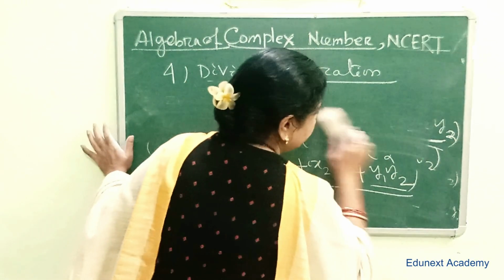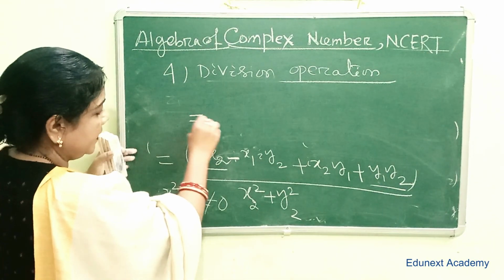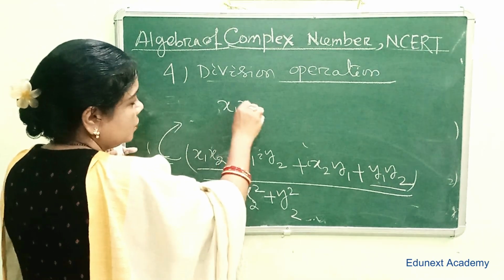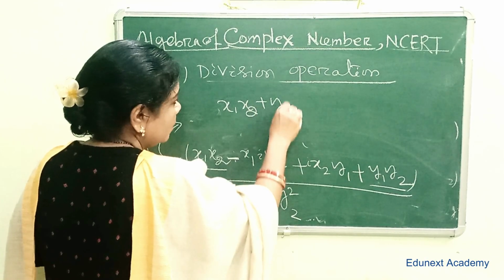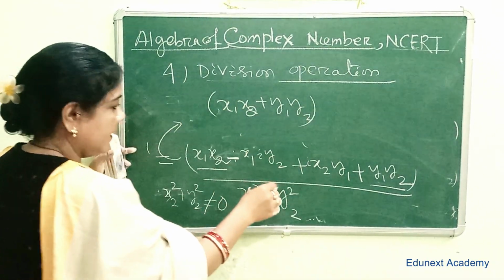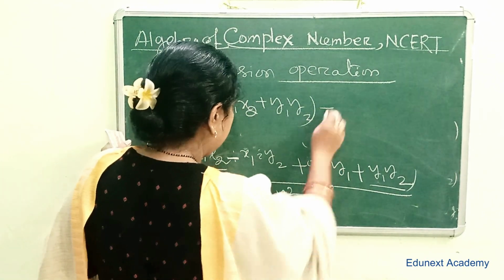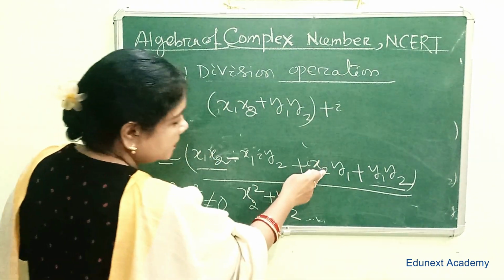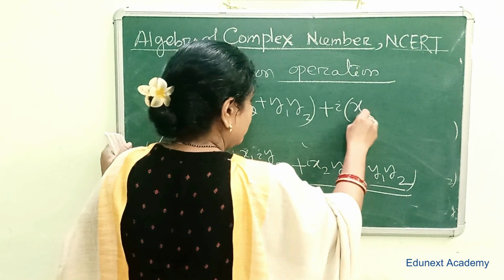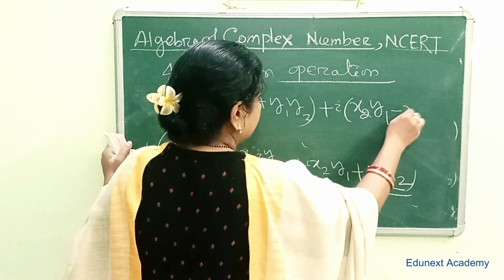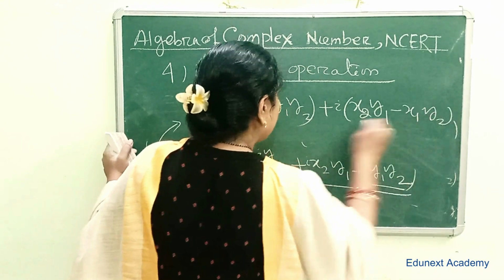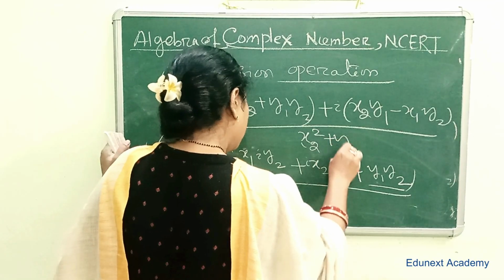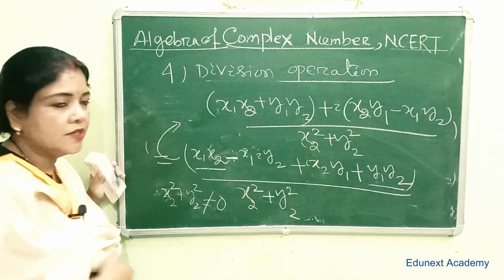Now the numerator will be x1 x2 plus y1 y2, and if I take i common, plus i times (x2 y1 minus x1 y2), divided by x2 square plus y2 square. This is the final answer.